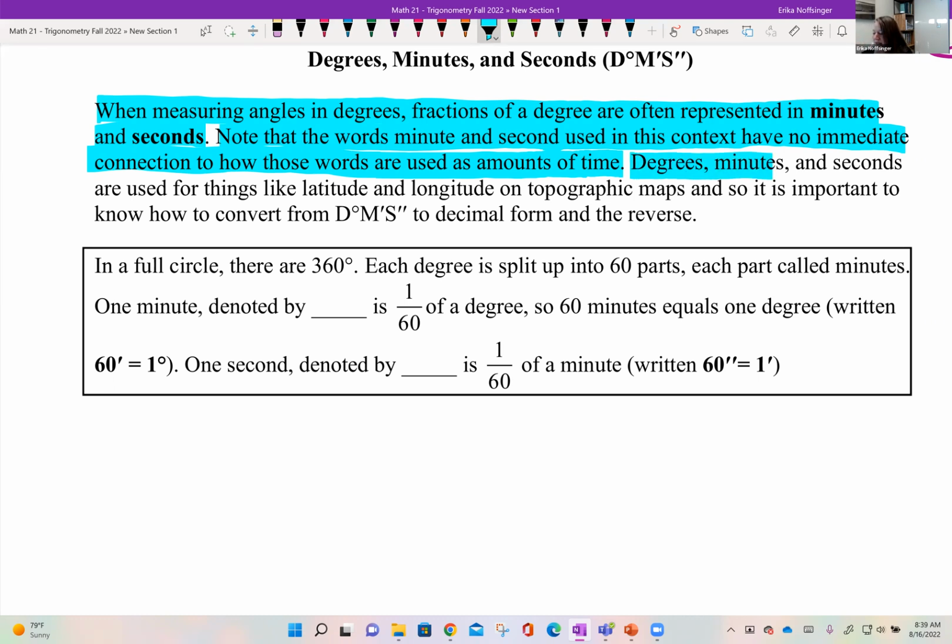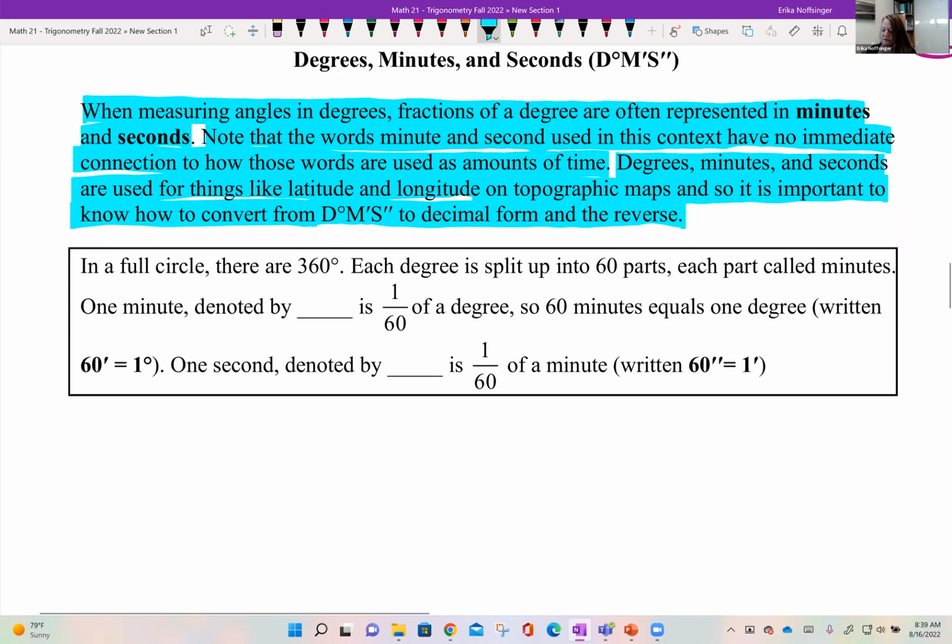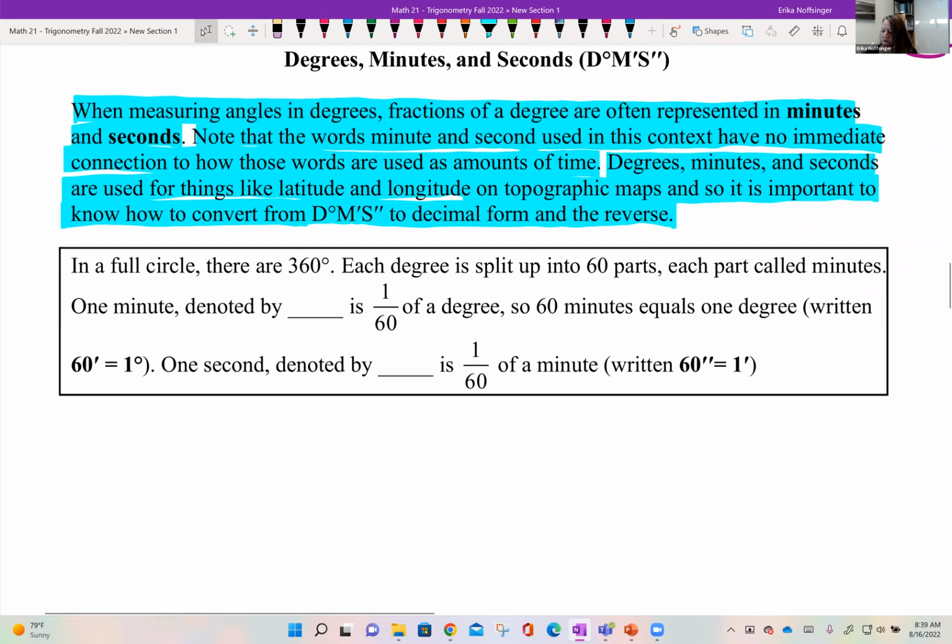Degrees, minutes, and seconds are used for things like latitude and longitude on topographic maps. So it's important to know how to convert from degrees, minutes, and seconds to decimal form and the reverse. That's why we're learning this.